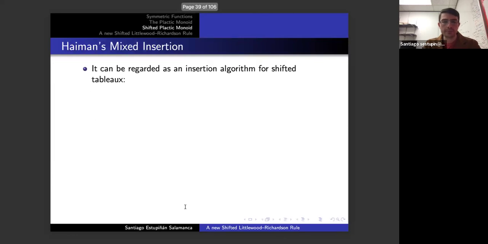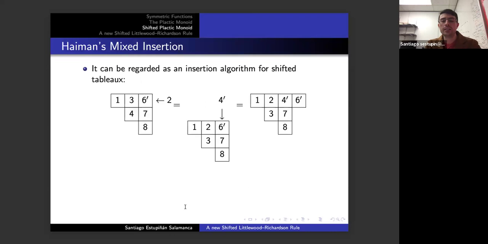And for shifted diagrams, there is an insertion algorithm called Haiman's mixed insertion, and this is kind of an intermediate between. So in the classical case, you can insert elements by rows, or you can insert them by columns. These are called left and right insertion.